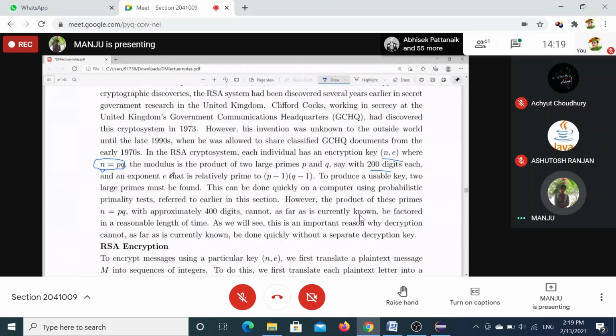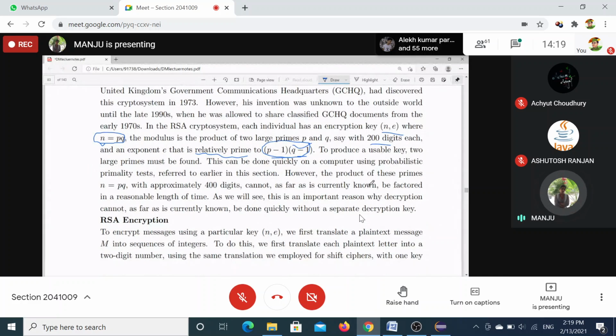And E is an integer that is relatively prime to P minus 1 into Q minus 1. It may not be relatively prime with P into Q, but it is surely given as relatively prime to P minus 1 into Q minus 1.